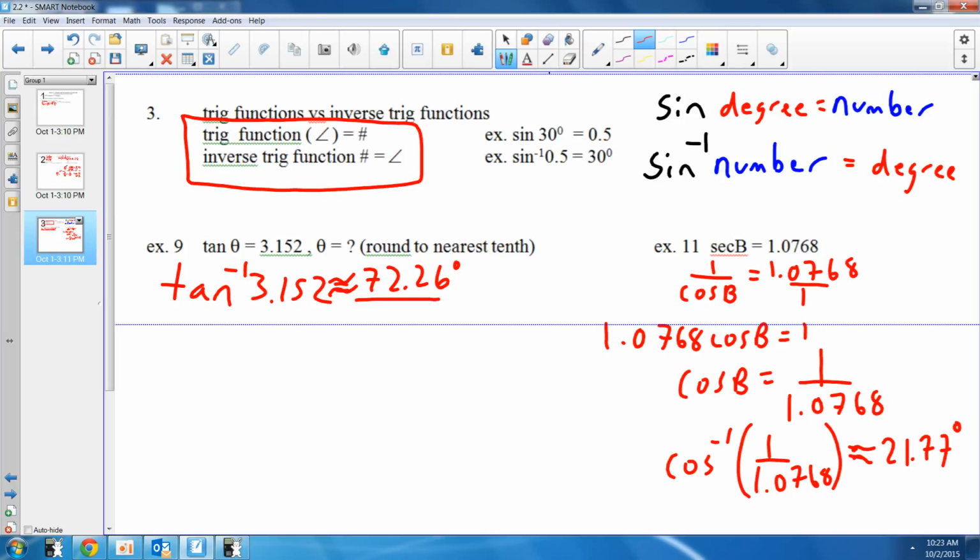Just want to make a quick point here that you could shorten up these steps, and some of you will make sense and you'll do it at this point forward. But if I recognize that the cosine B is on the bottom here, I could raise each side to the -1 power, and that would flip both sides.